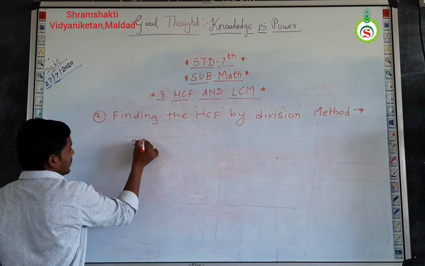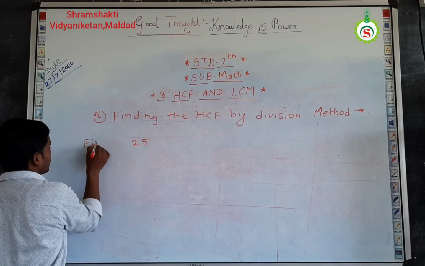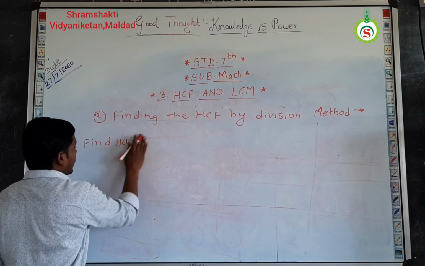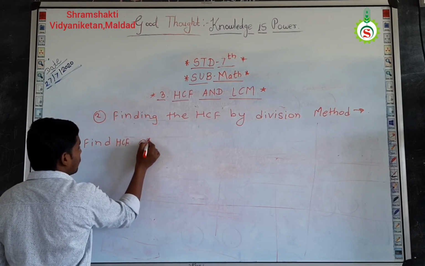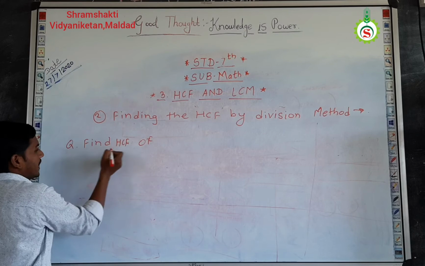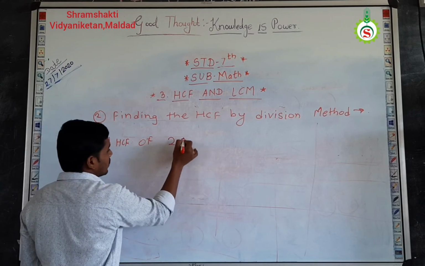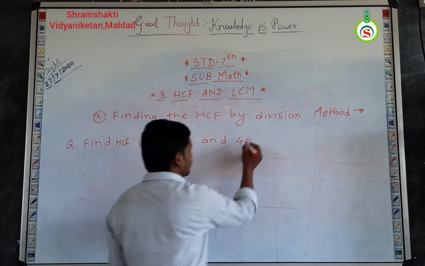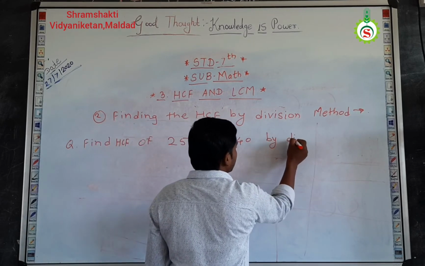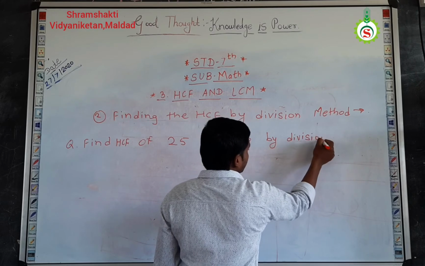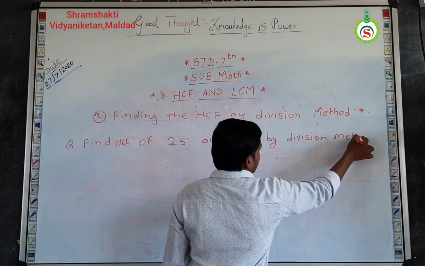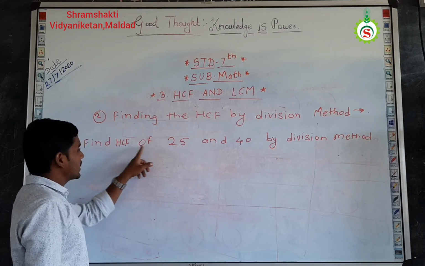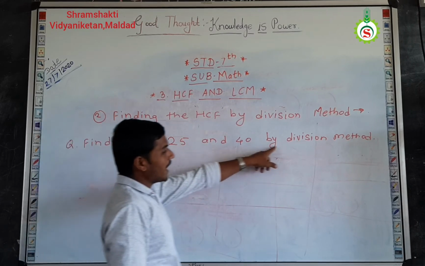The question is like that: find the HCF of 25 and 40 by division.